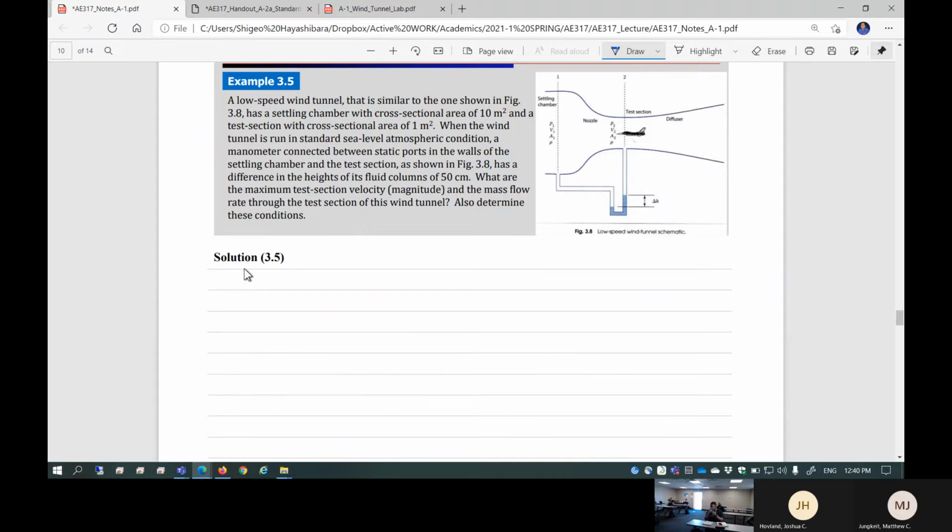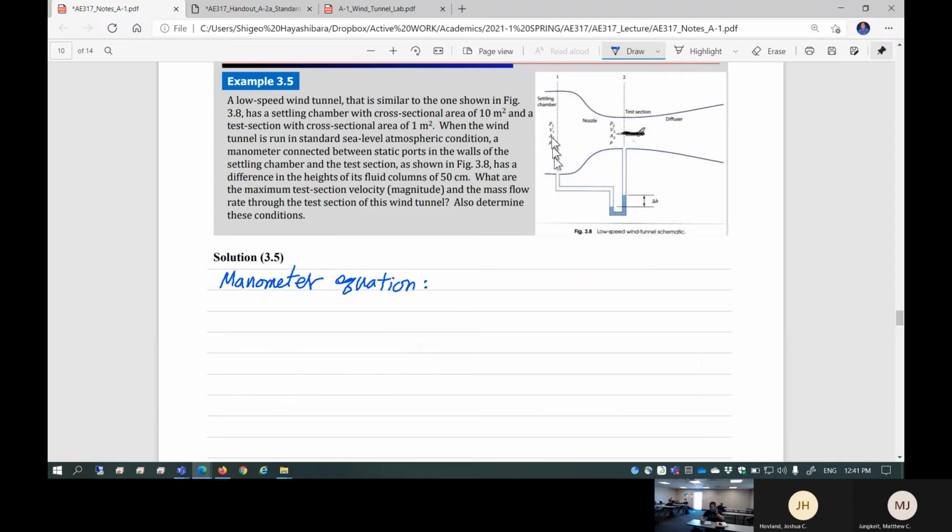So you are going to start with the manometer equation because it's a manometer. So the manometer equation basically says that this end is cross section 1, station 1.